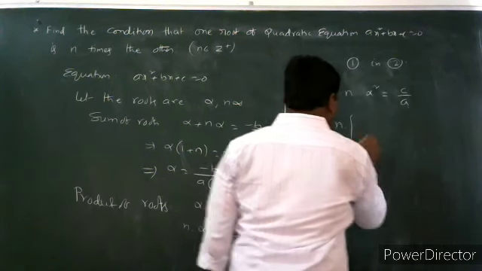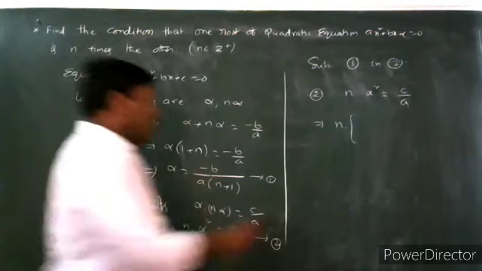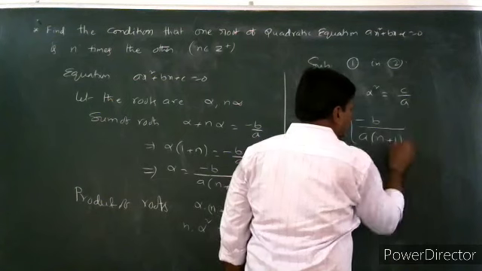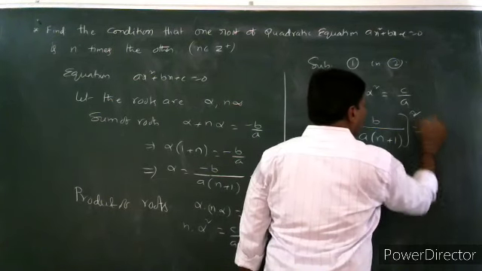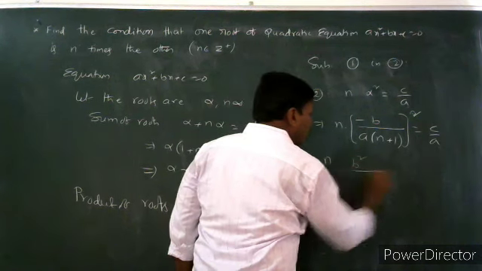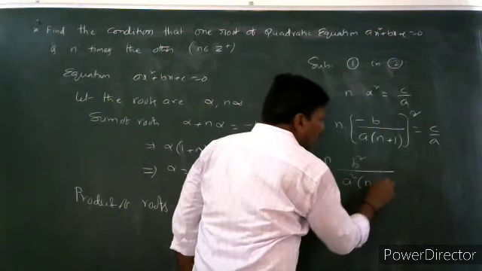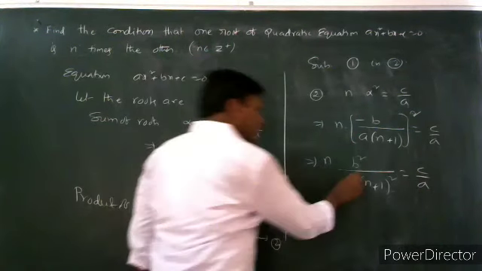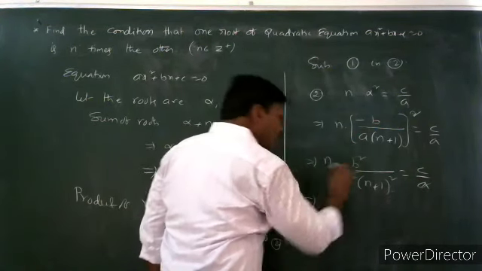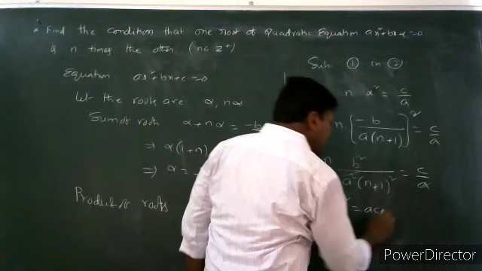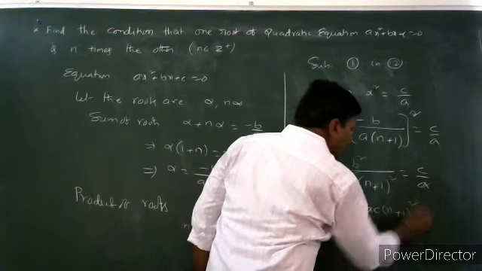N into alpha means minus b by a into (n + 1), whole square, is equal to c by a. N into b square by a square into (n + 1) whole square, the a cancels. When you send it to that side, nb² = ac(n + 1)².